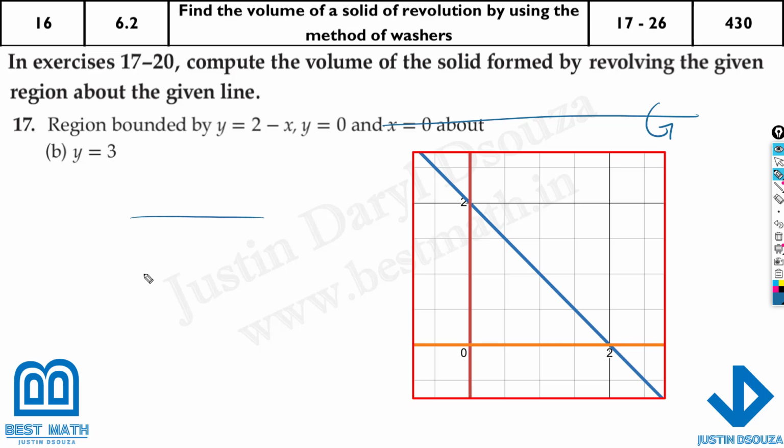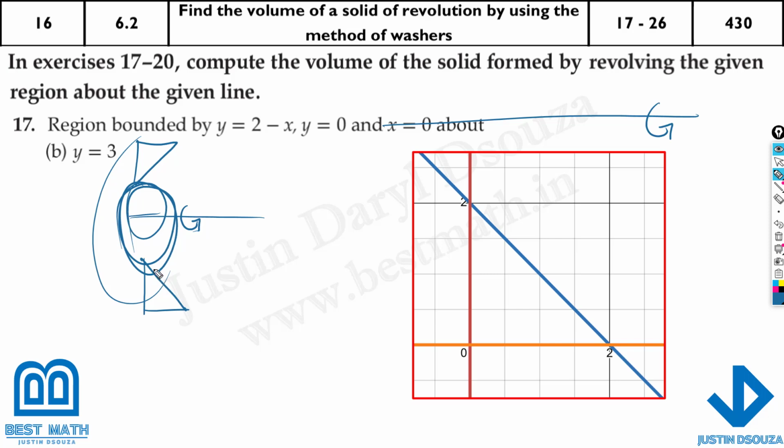Let me just draw over here. This part is being rotated about this axis, so it's going to go up, and this is going to happen. The rotation will form a solid, and there will be a hollow space involved. See, this is the hollow space in the middle that must be removed.